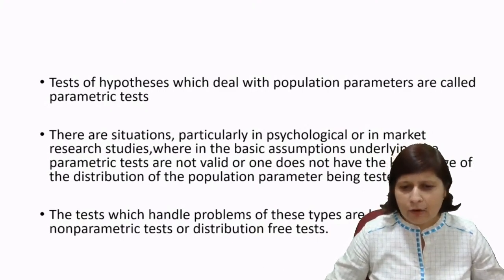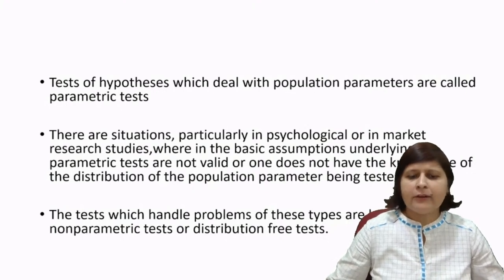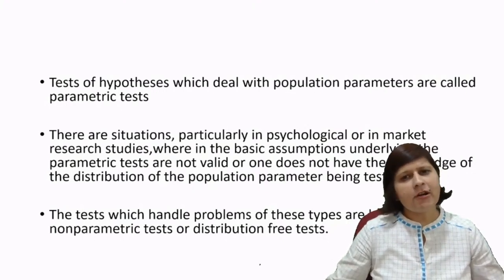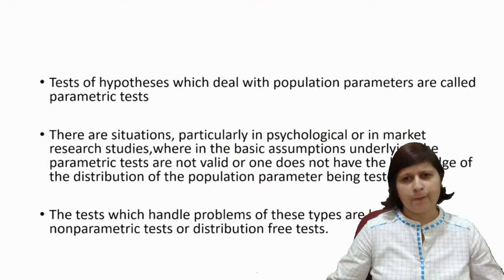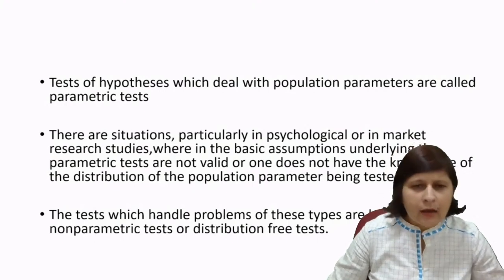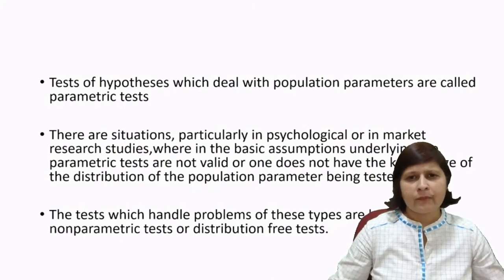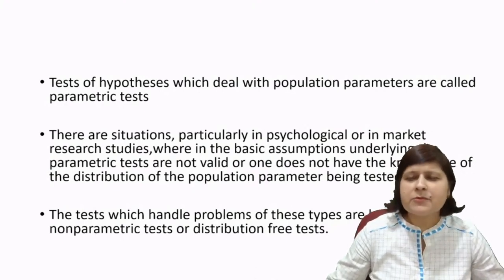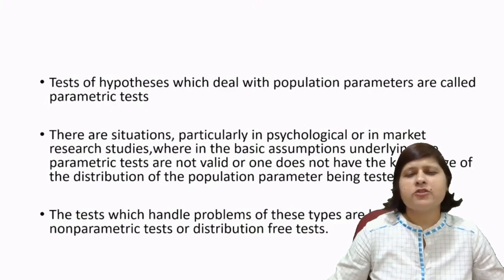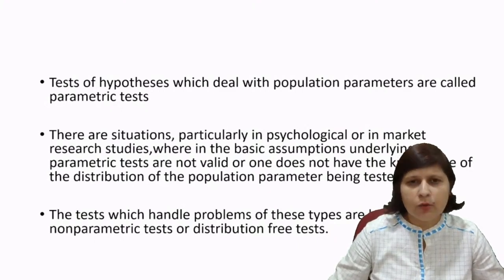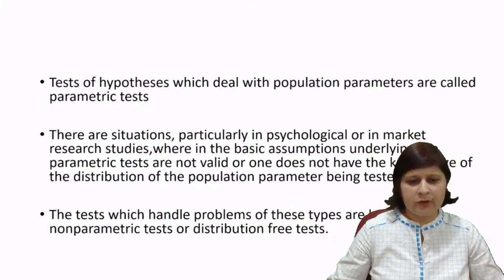Then there are chances that the distribution of the population is not known to the researcher, or assumptions are not valid. In those cases where assumptions are not valid or the distribution of the population is not known, then you carry out a non-parametric test.